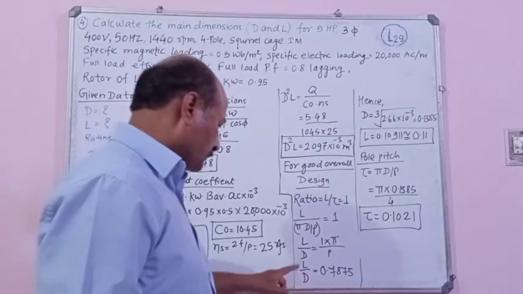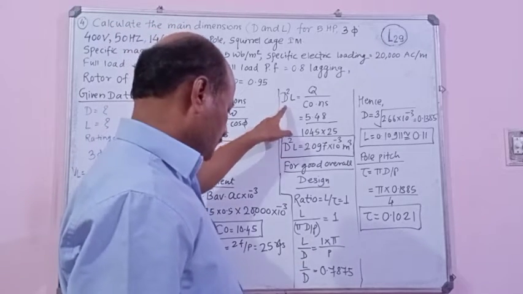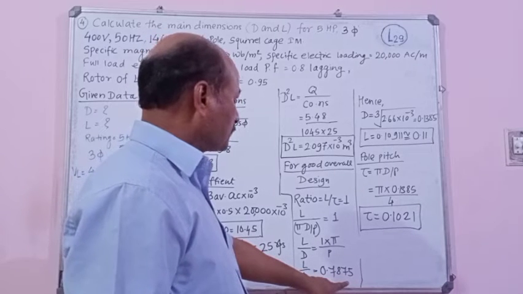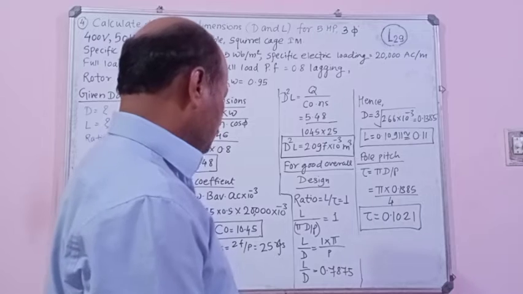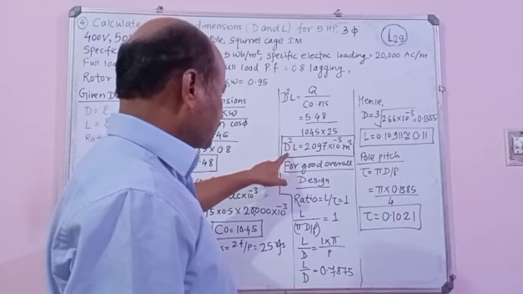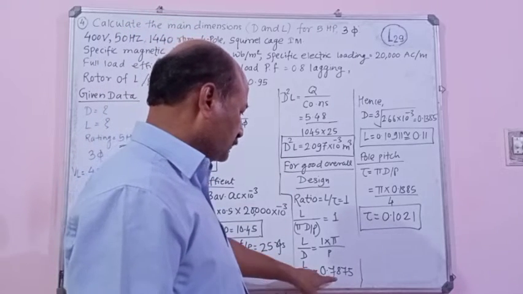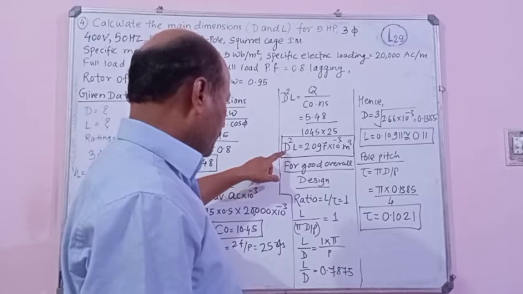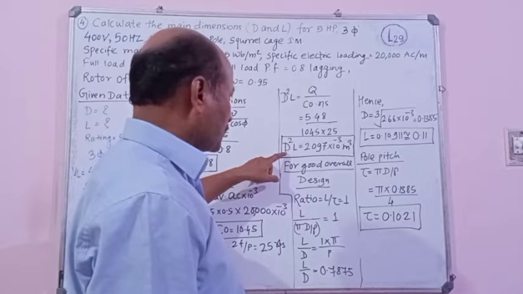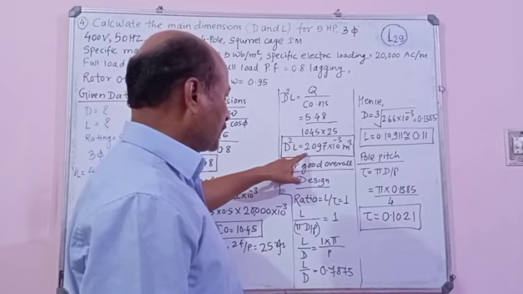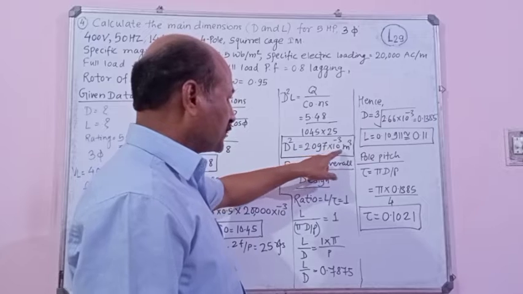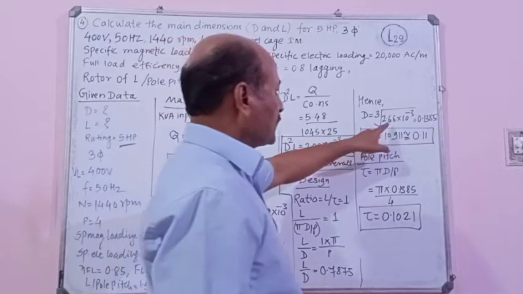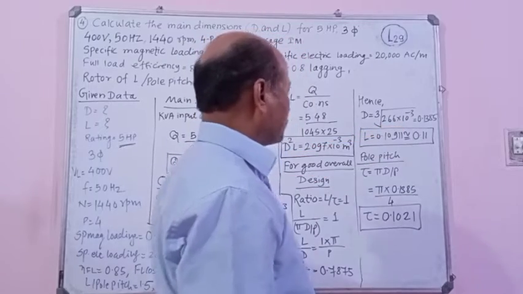If you put the value of L equals 0.7875 d in this equation, you will get d cube equals 2.097 into 10 to the power minus 3 divided by 0.7875, that becomes 2.66 into 10 to the power minus 3.